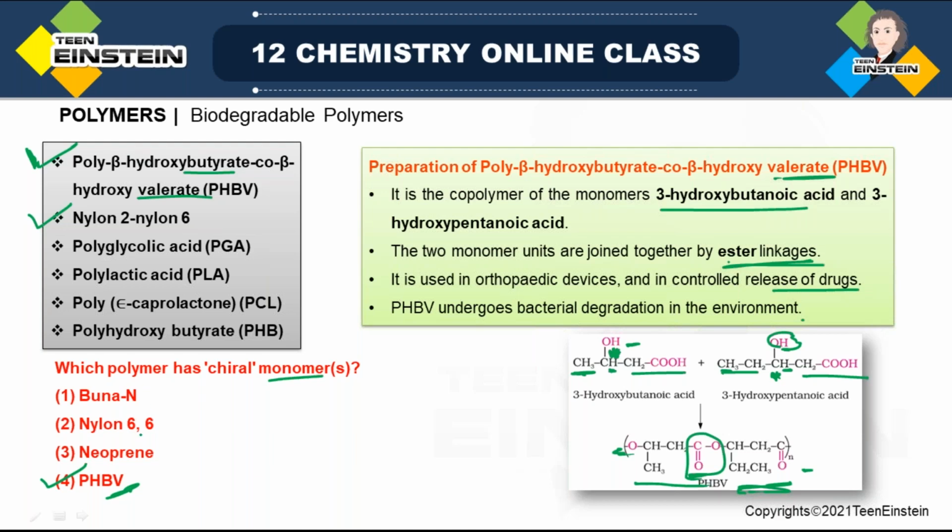Similarly, nylon 66 starts from adipic acid and a diamino molecule, so here also we do not have any chiral center. When it is Buna N, we start from 1,3-butadiene and acrylonitrile. Only double bonds are present, but no chiral center, that is, no carbon having 4 different groups. So these 3 are not correct.